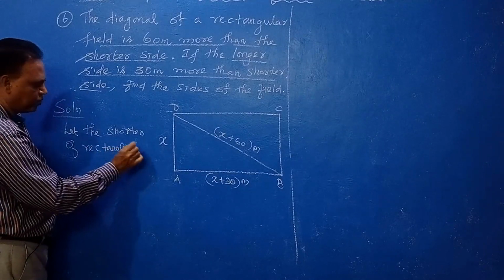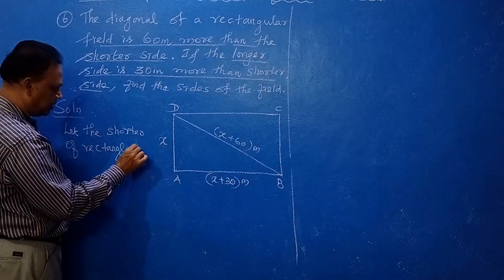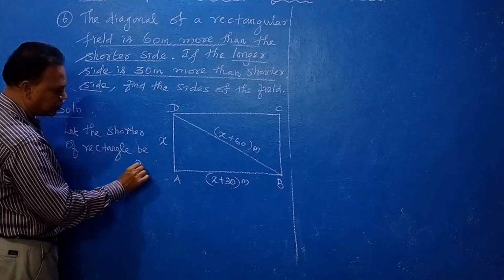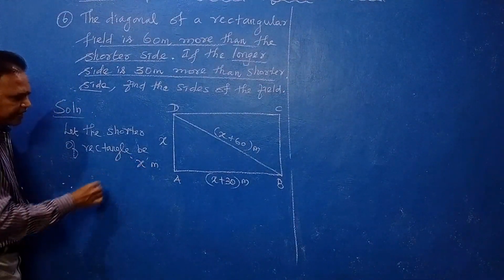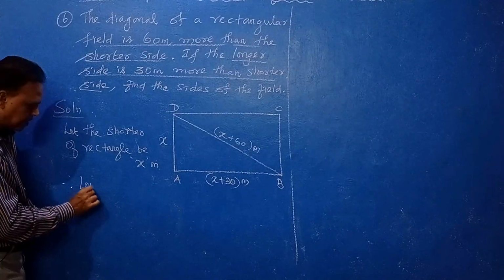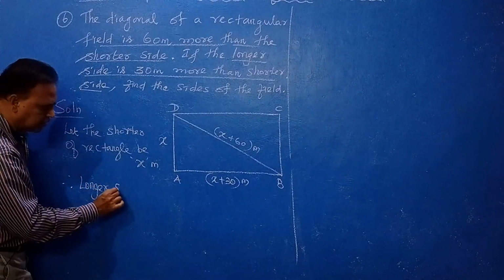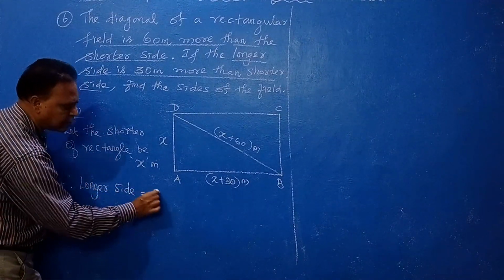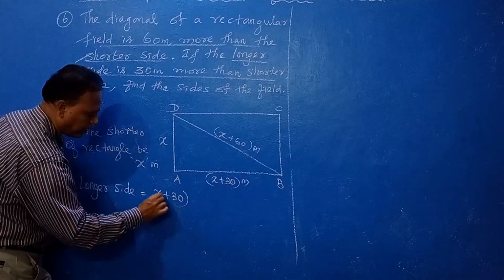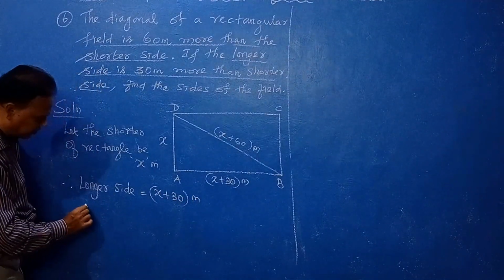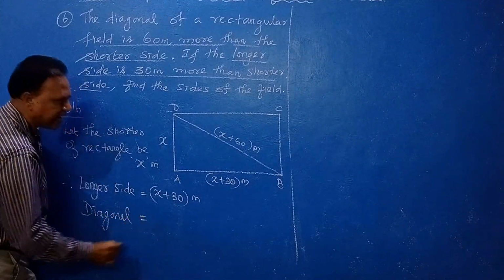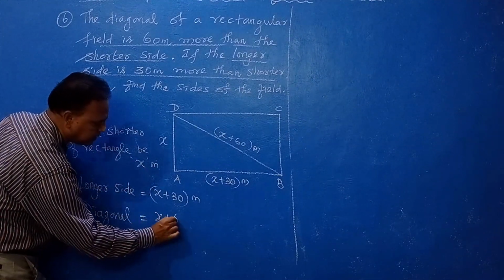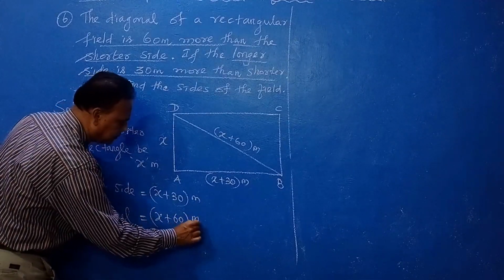Breadth also you can write, no problem. Therefore, immediately you write the longer side. Longer side equal to x plus 30 meter, and diagonal equal to x plus 60 meter, right?